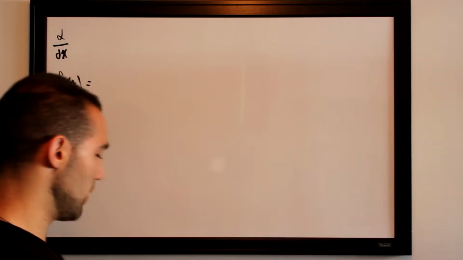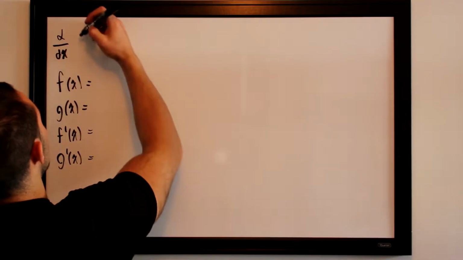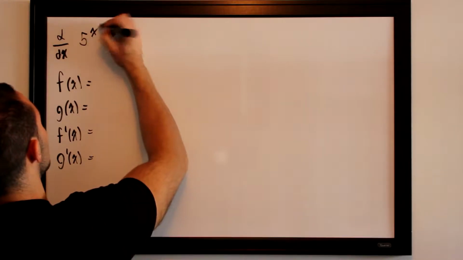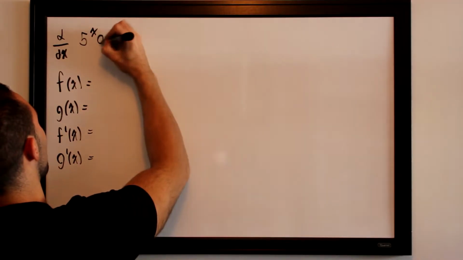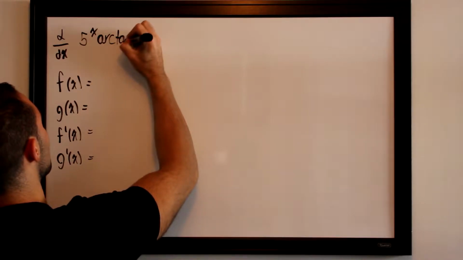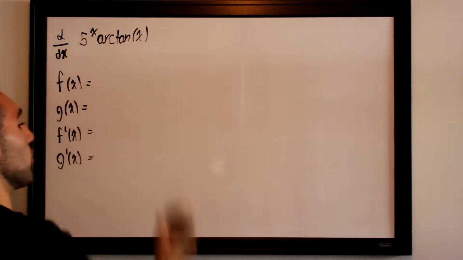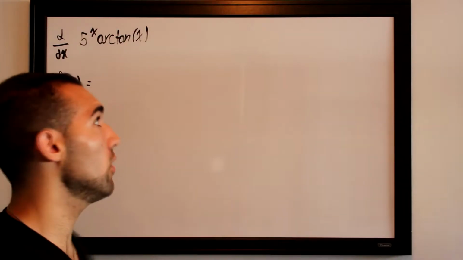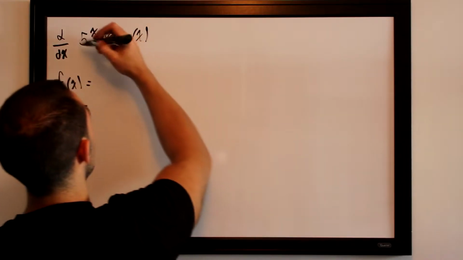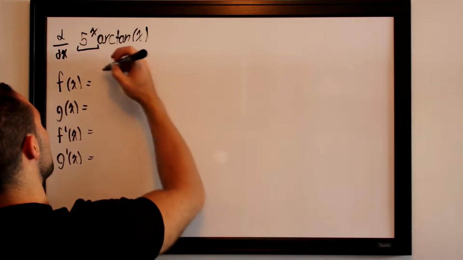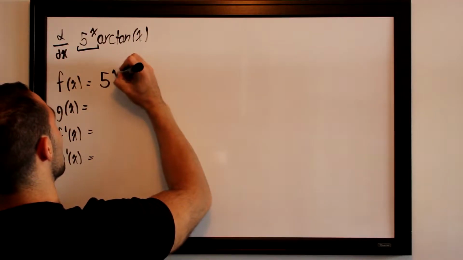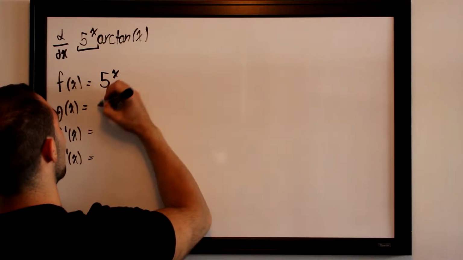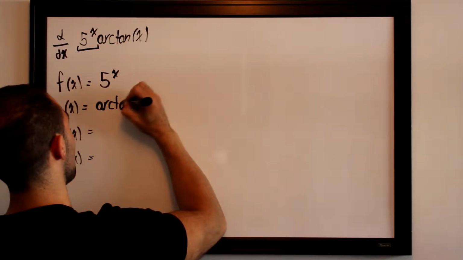We want to take the derivative of 5 to the x times arctangent of x. So 5 to the power of x multiplied by arctangent of x. These are two easily differentiable functions using all of the derivatives that we had covered in the previous video. Actually, let's write these out first. So our f of x will be 5 to the x and our g of x will be arctangent of x.